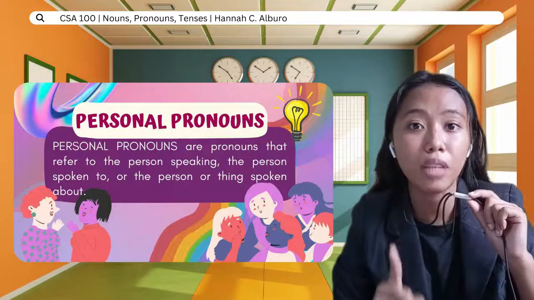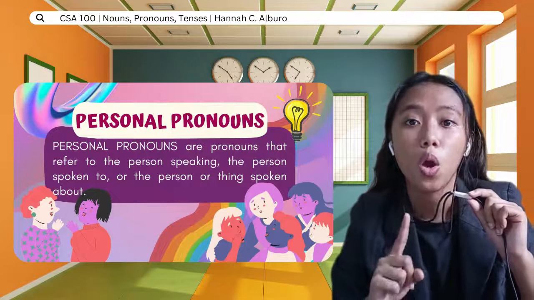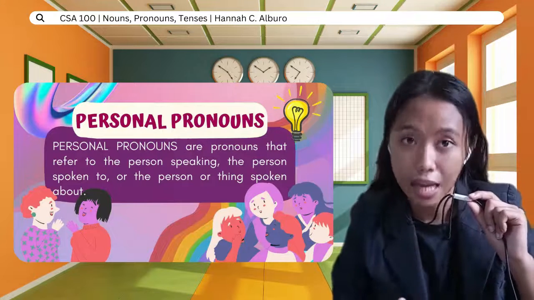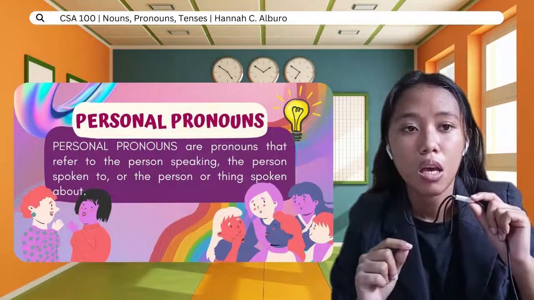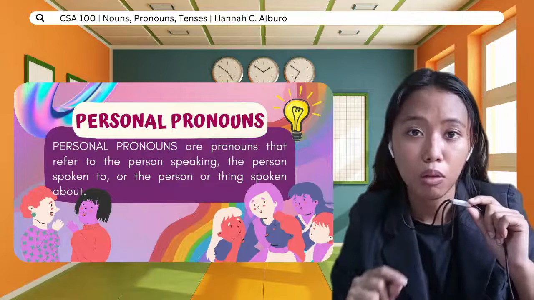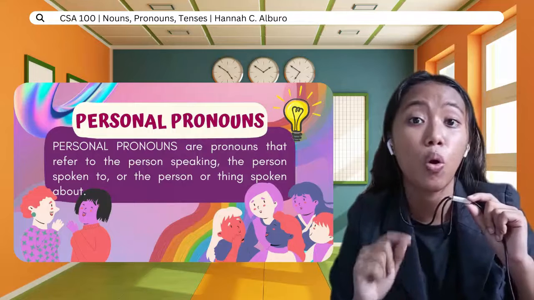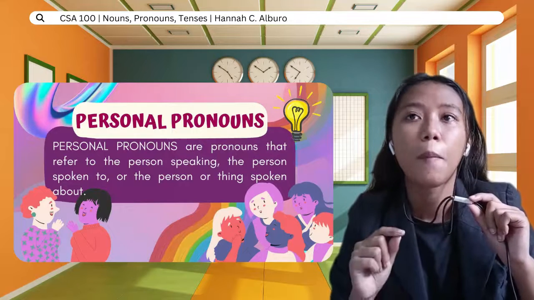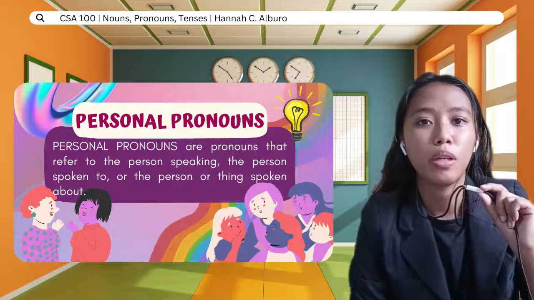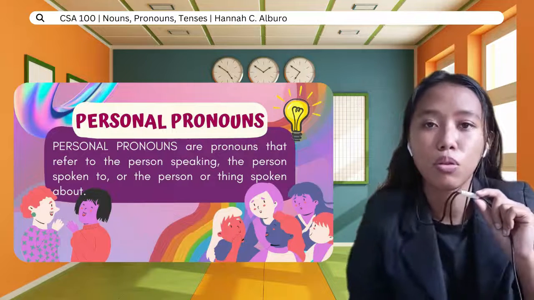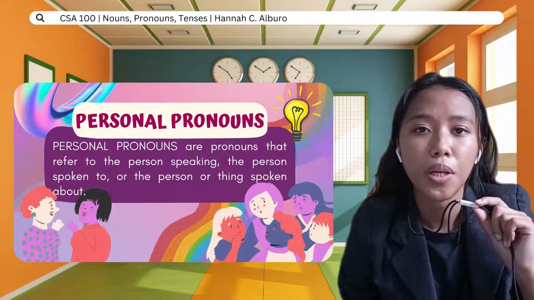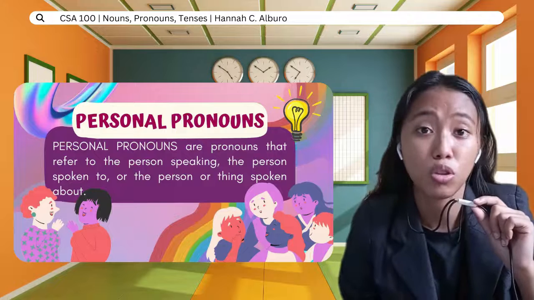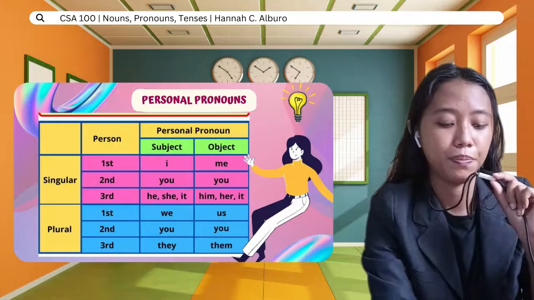It is because they replace all common and proper nouns. Of course, in replacing the noun, you should always remember to make the pronoun agree with the antecedent in terms of person, gender, and number.